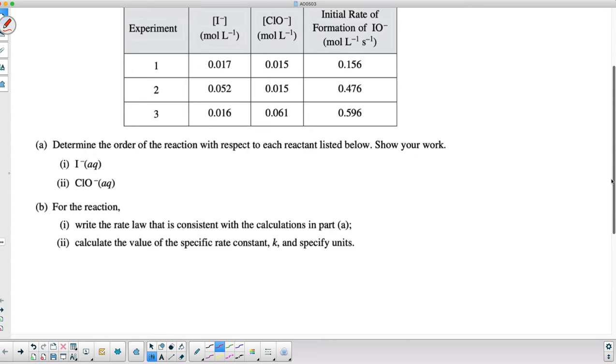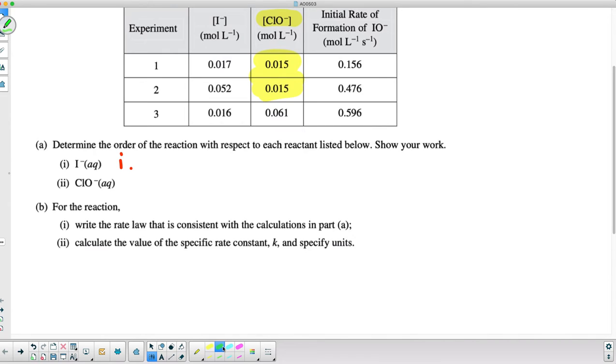So let's take a look at the first one. Notice that if I'm looking for the reaction order of I minus, I need to keep the ClO minus concentrations the same so that it does not change the initial rate.